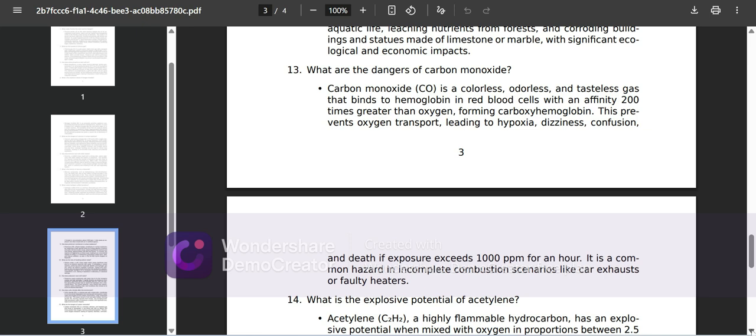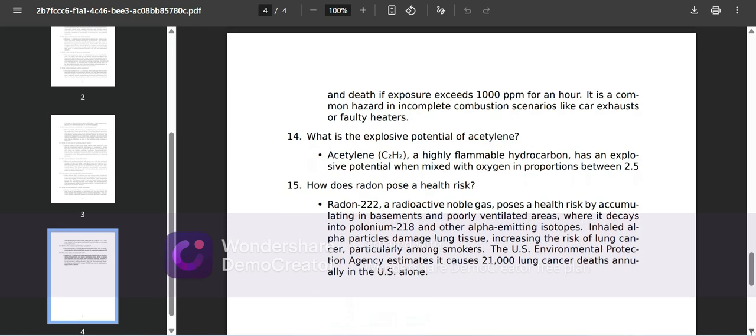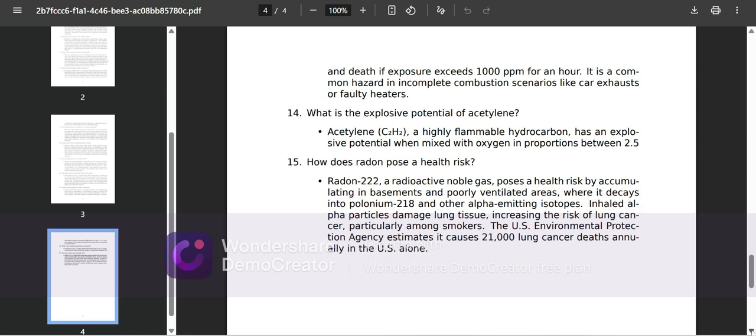This prevents oxygen transport, leading to hypoxia, dizziness, confusion, and death if exposure exceeds 1000 ppm for an hour. It is a common hazard in incomplete combustion scenarios like car exhaust or faulty heaters.